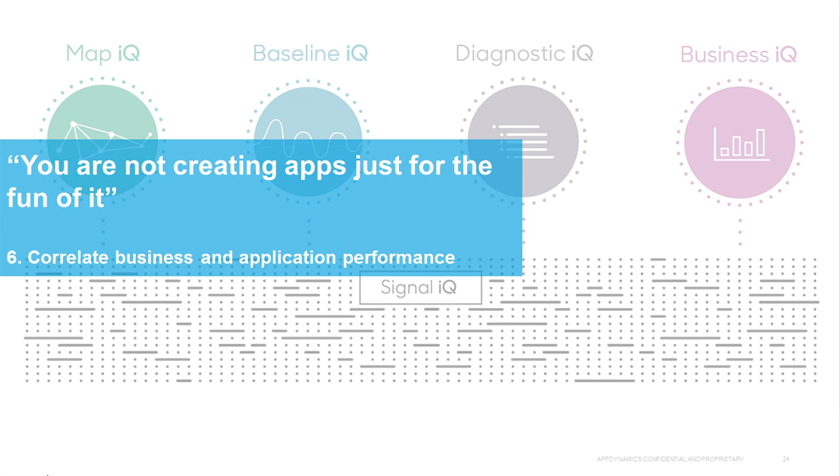But you have a goal through these mobile applications. So you need to connect these business goals to your application performance goals, your IT goals. So let's see how we can do that. And this part of the demo might take a minute for me to set up. So give me a second here.